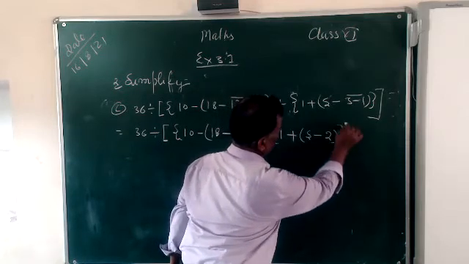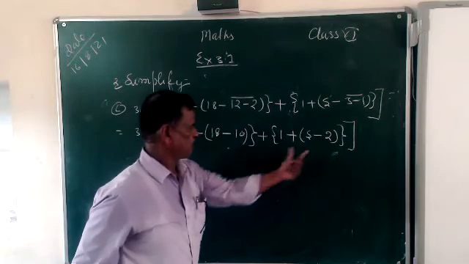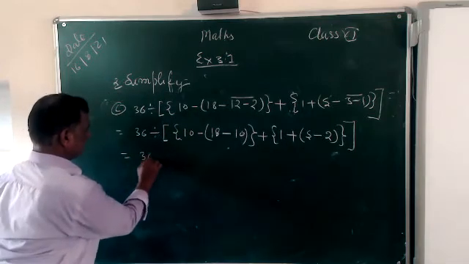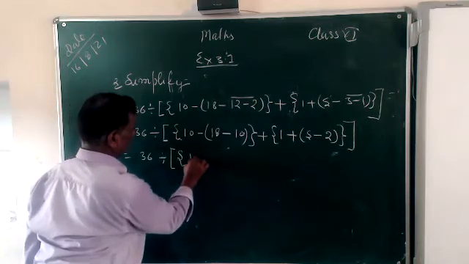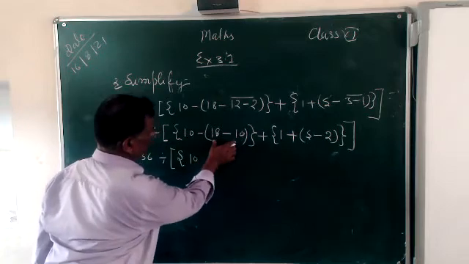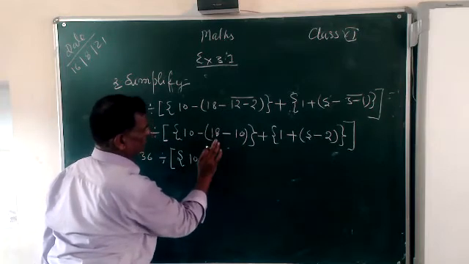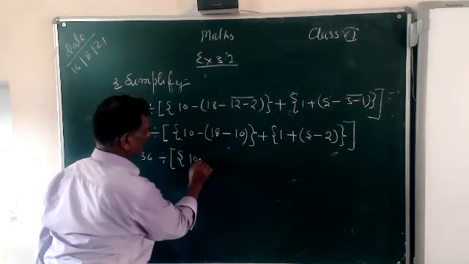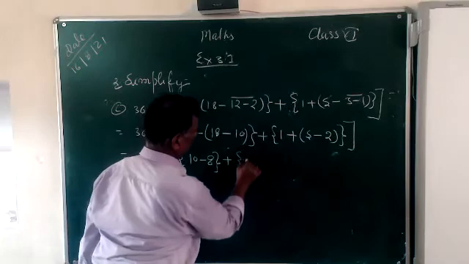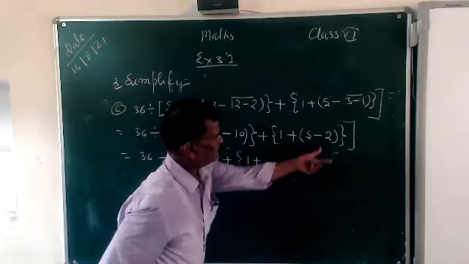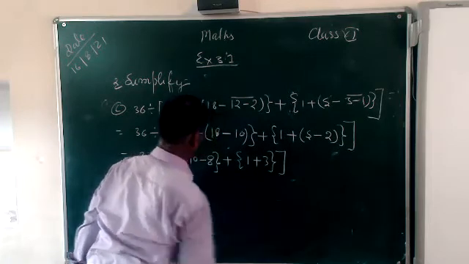Common bracket close, curly bracket and square bracket close. Now remove the common bracket in both: 36 divided by, in square bracket, in curly bracket 10, here is in common bracket 18 minus 10, that is 8. Then 10 minus 8 in curly bracket, plus, in curly bracket 1 plus 5 minus 2 is 3, then 1 plus 3 in curly bracket is 4.